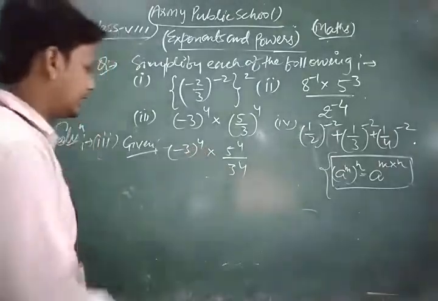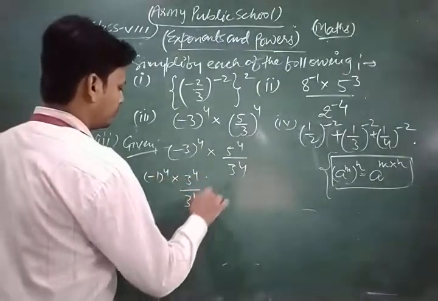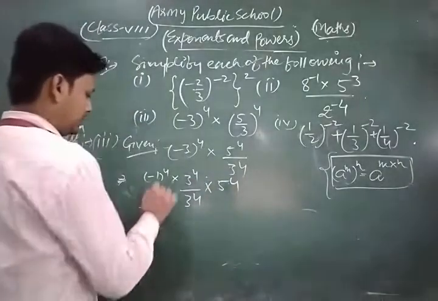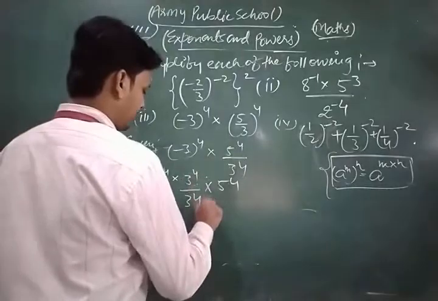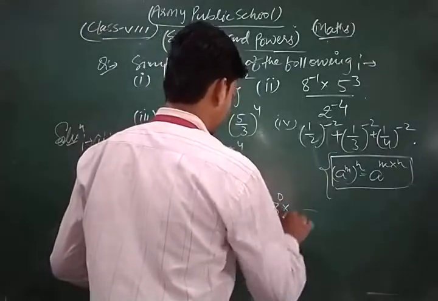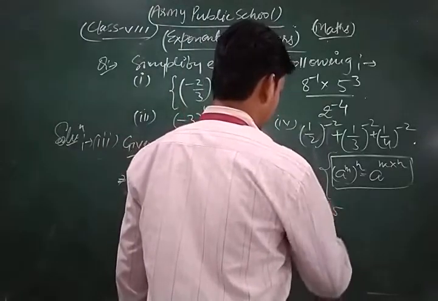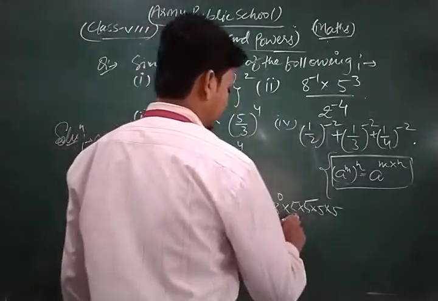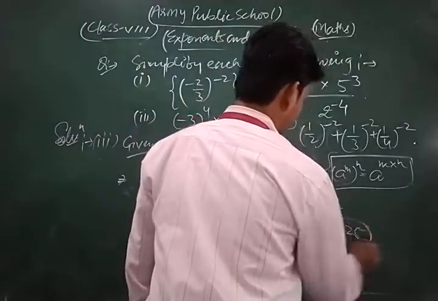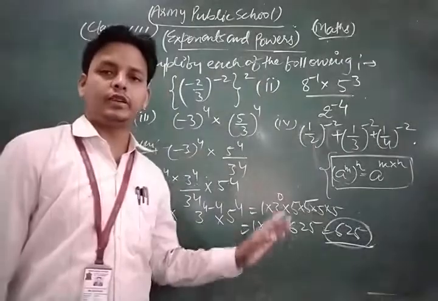We can write (-1)^4 into 3^4 upon 3^4 into 5^4. So we have 1 into 3^(4-4) into 5^4, that is 1 into 3^0 into 5 into 5 into 5 into 5, four times. So we get 1 into 1 into 625, and the answer is 625.